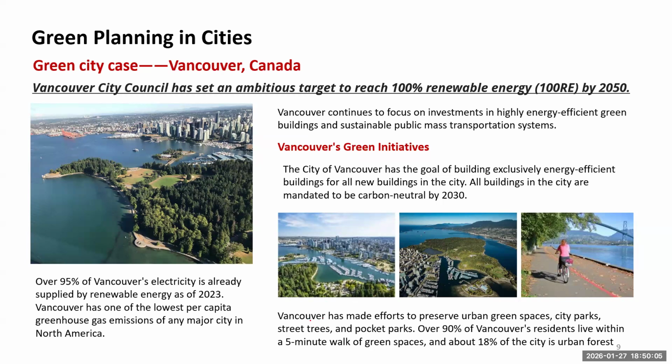Vancouver has made efforts to preserve urban green spaces, the city parks, street trees, and pocket parks. And also over 90% of their residents live within a 5 minute walk of green spaces, and 18% of the city is urban forest.